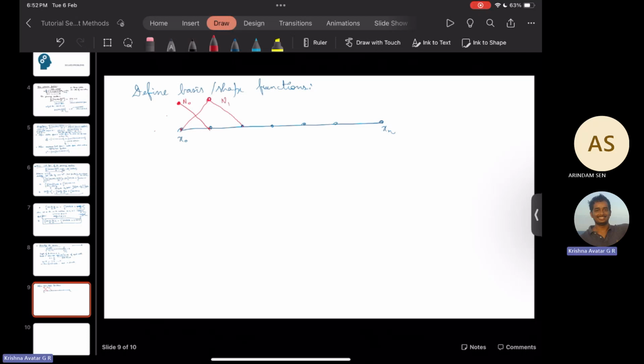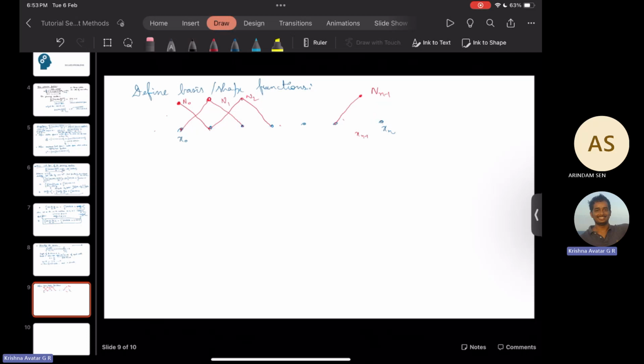And here N1 is complete. Likewise, this is N2. Similarly, it goes on and on till here also. Say we have some x(n minus 1) here, so this will be N(n minus 1).